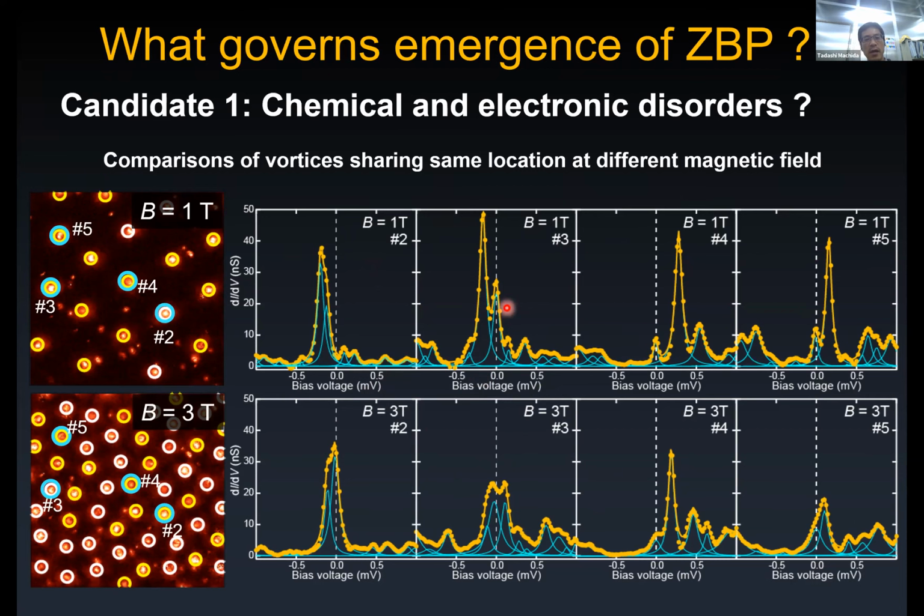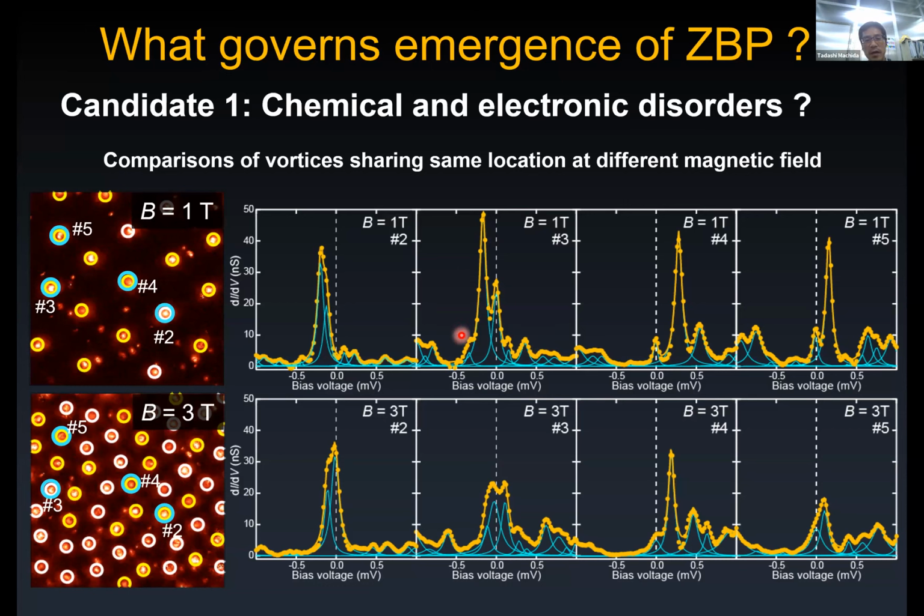Okay. For example, in this vortex core at 1 Tesla, we can see the clear zero energy peak. However, at 3 Tesla, this zero energy peak is gone, even though these two tunneling spectra were taken at the same location. If the local emergence of the zero energy peak originated only from some local quantities, the tunneling spectra taken at the same location should be the same.